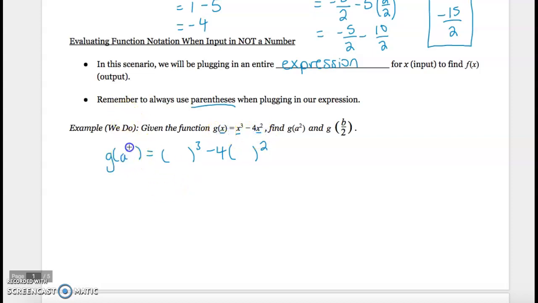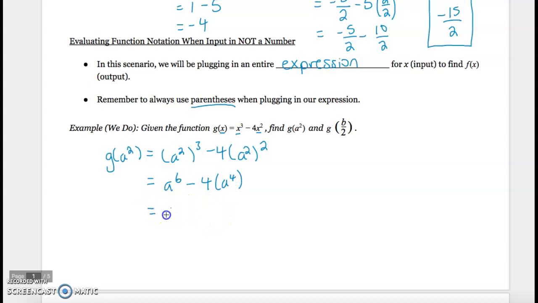So g of a squared will equal a squared cubed minus 4 times a squared squared. And now we're going to simplify. At the very end of simplification, you shouldn't have any like terms that you haven't combined, and you shouldn't have any parentheses left. So a squared to the third is actually a to the 6th, minus 4 times a squared squared gives me a to the fourth.